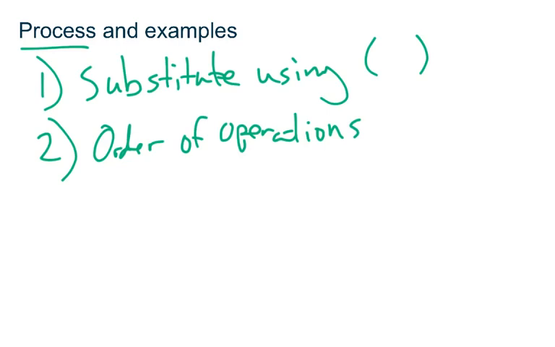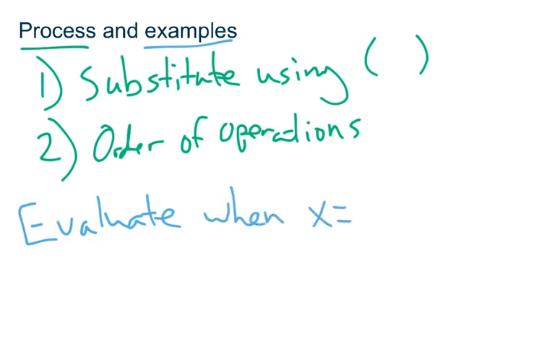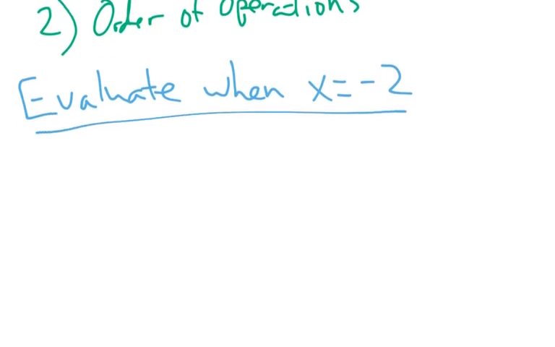So now let's go through some examples. Let's say, and the way the directions are usually going to be written is some variation of evaluate when x equals -2. And then you're going to be given expressions.